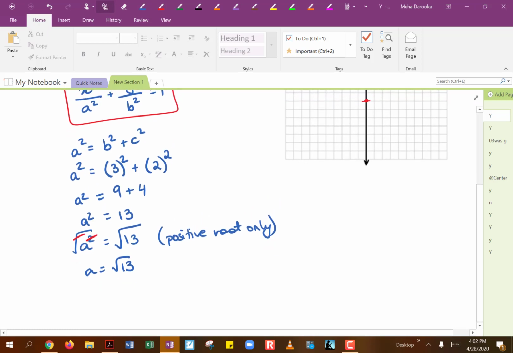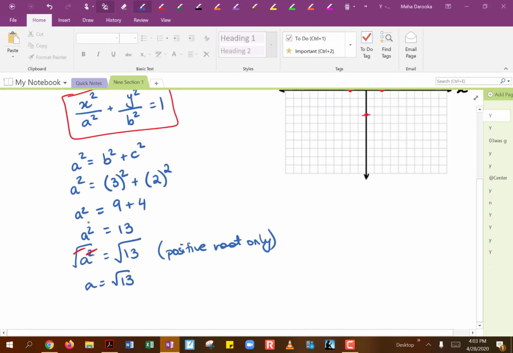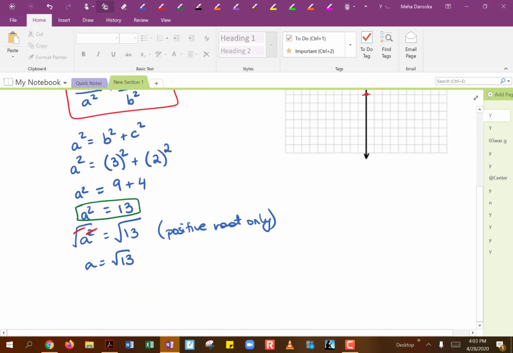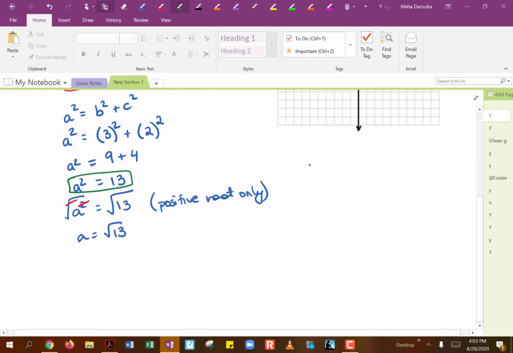Okay, so if you've got a equals square root of 13, or a squared equals 13, you can now go ahead and complete your equation. So that's going to be x squared over a squared plus y squared over b squared equals 1.